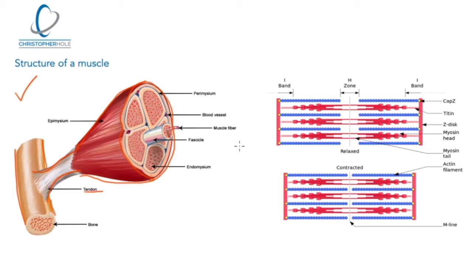When we talk about the fascial system, we'll look more at the fascia, and that's known as the epimysium, which is essentially a fascial sheath.